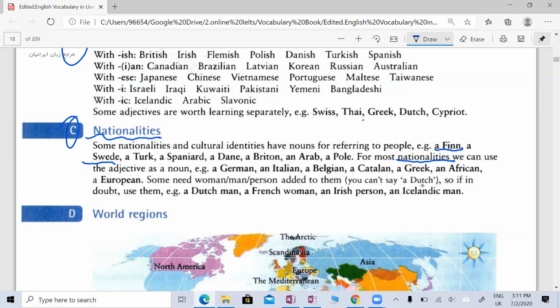You can't say a Dutch. So if in doubt, we use them like a Dutchman. We don't say a Dutch if we are not sure whether it is a male or a female. We say a Dutchman, a French woman, an Irish person, an Icelandic man.